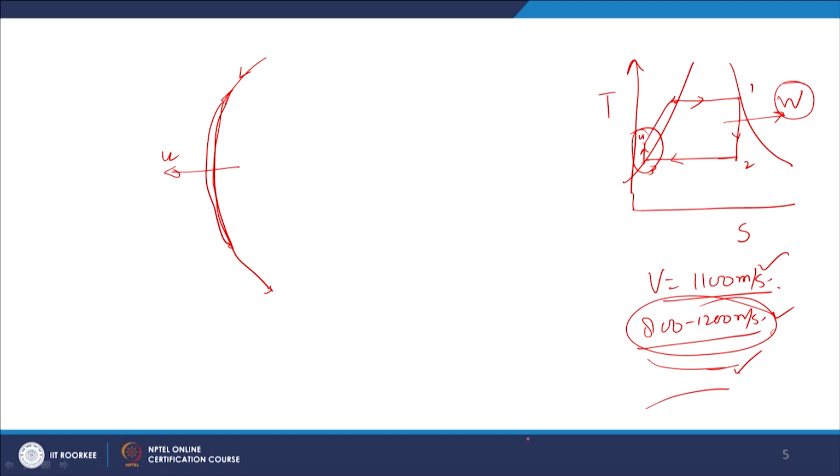Since the blade is moving, steam has to glide over the blade. So, first of all we have to decide what should be the nozzle angle, at what direction the absolute velocity of the steam should come, so that it glides over the blade. So, we will have to draw a relative velocity diagram, right.